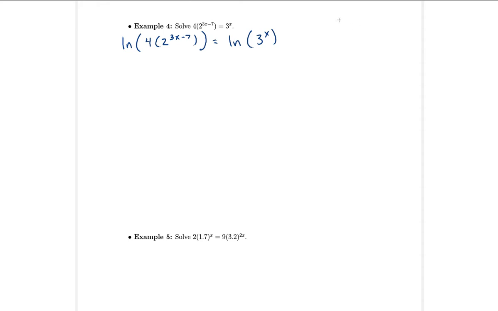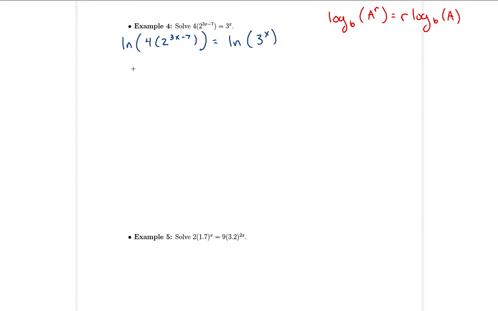The power rule for logarithms that we've been using to solve these problems has been this: if you have something that looks like this, you can bring the exponent down in front, and that's what allowed us to untrap the variable from the exponent.